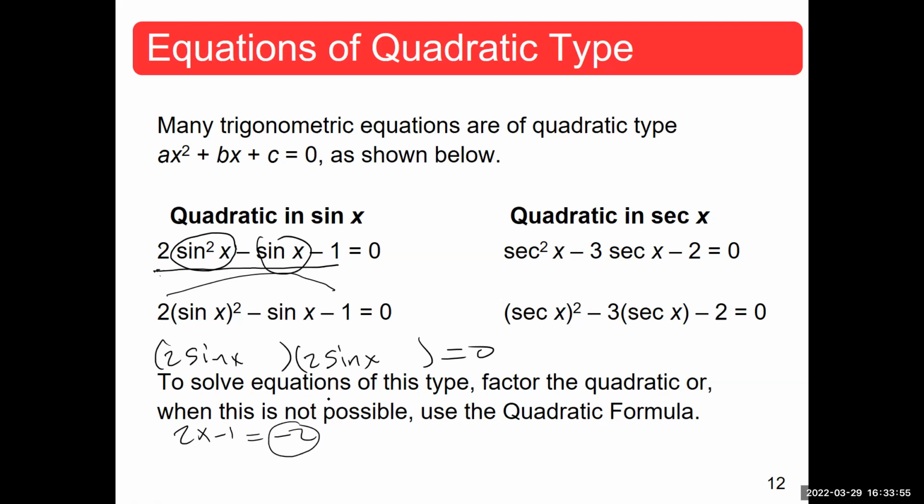So now I need two numbers, a plus b equals -1 and a times b equals -2. What are those two numbers? You multiply them to get -2, you add them to get -1. That's -2 and 1, correct?